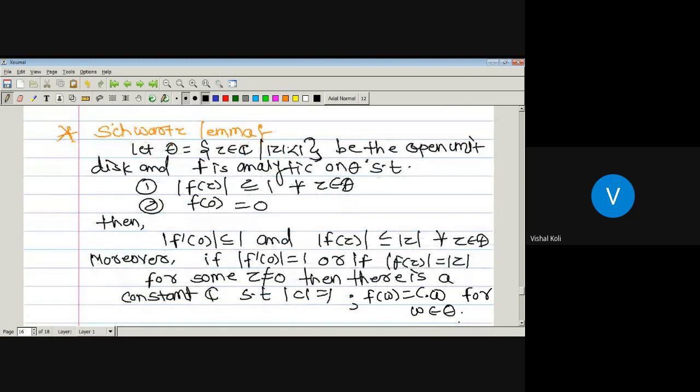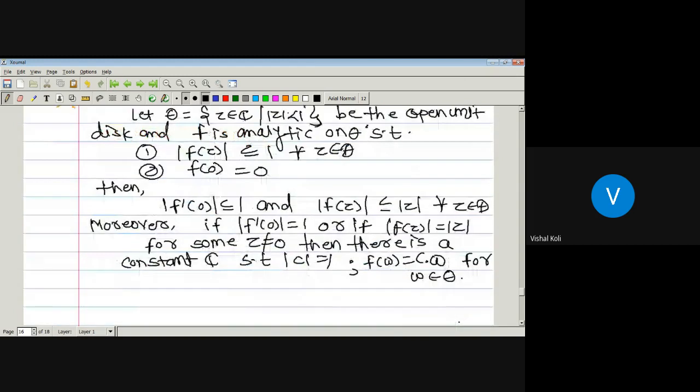And whenever modulus of f dash of 0 equals 1, or modulus of f of z equals mod z for some non-zero complex number z, then there exists a complex number c such that modulus of c is equal to 1, and f of w is nothing but c into w, where w is a member of theta. This will be our Schwarz's lemma.